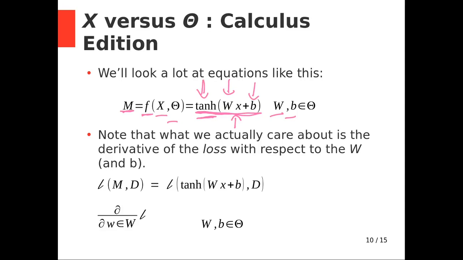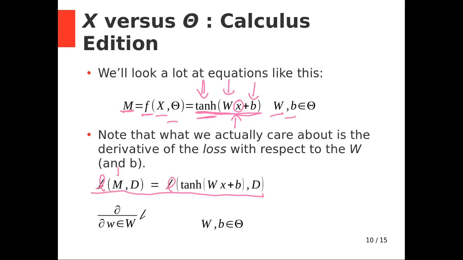you might say, I can look at this and say, oh, I can differentiate that. Well, to descend the gradient, we don't actually care about the derivative of the output with respect to x. Okay? We don't care about that. What we want is the derivative of the loss function, right?